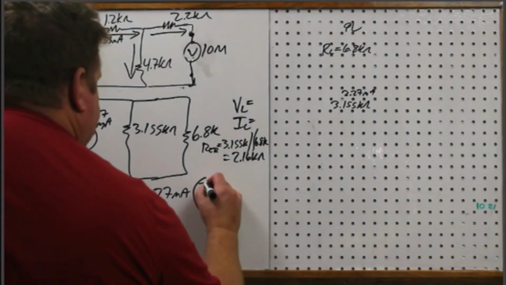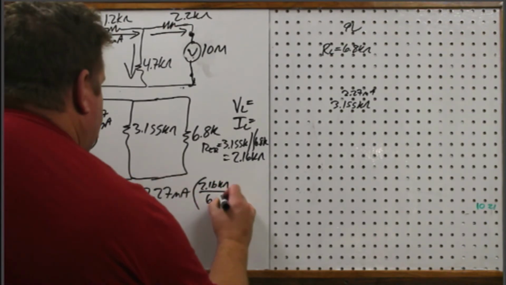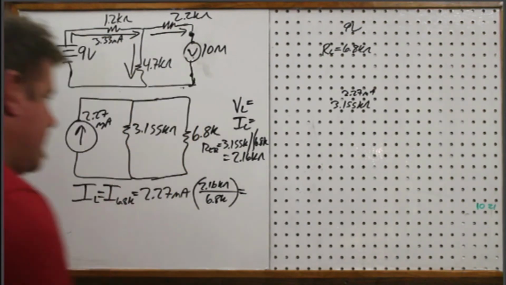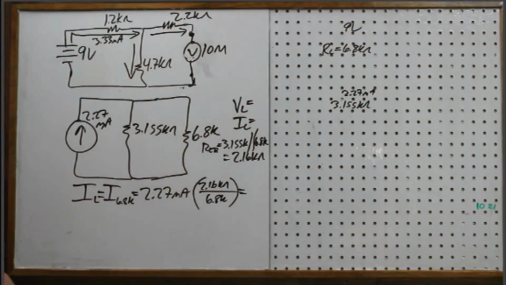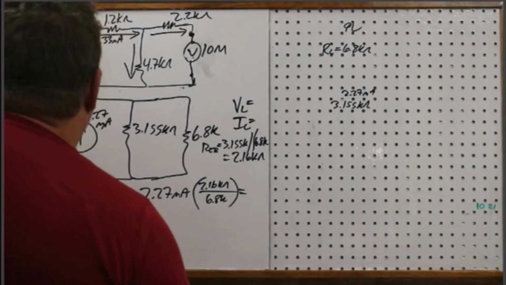So this is going to be 2.16 kilo-ohms over 6.8K. So 2.16 divided by 6.8, times 2.27, and I get 719 micro.